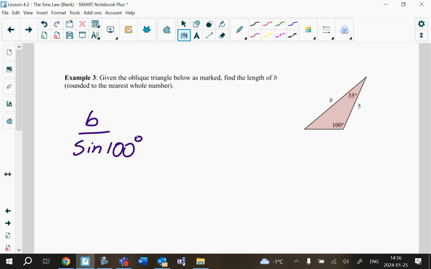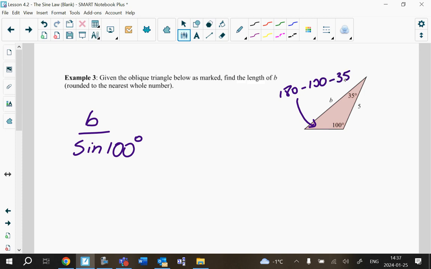What's the angle opposite 5? It's not 35 degrees. It's this one, isn't it? I don't know it. I'm not given it, but I can figure it out because I know these two. It's 180 minus 100 minus 35.